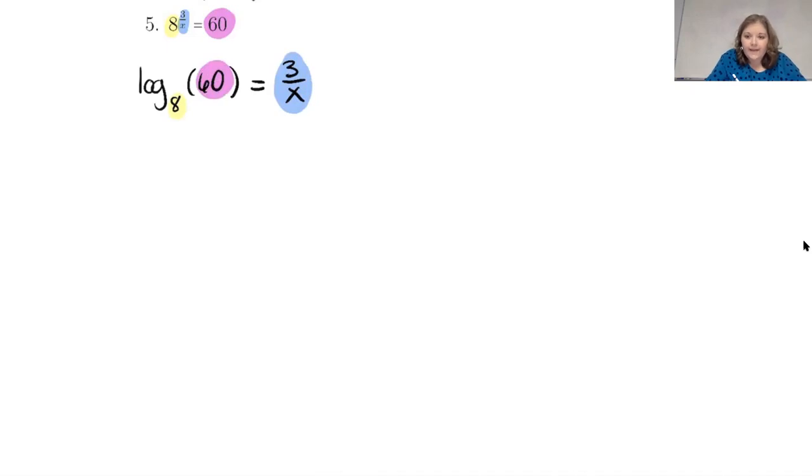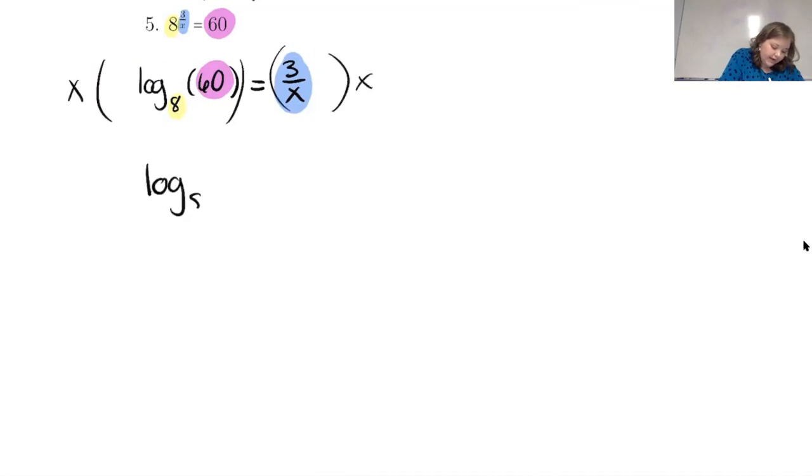So now that we've done that, we'll work on getting x by itself. So the problem is coming from the fact that x is in the bottom of the fraction. We don't want it in the bottom, we want it in the top. So I'm going to multiply both sides of this equation by x. We get log base 8 of 60 with x being multiplied on the outside.